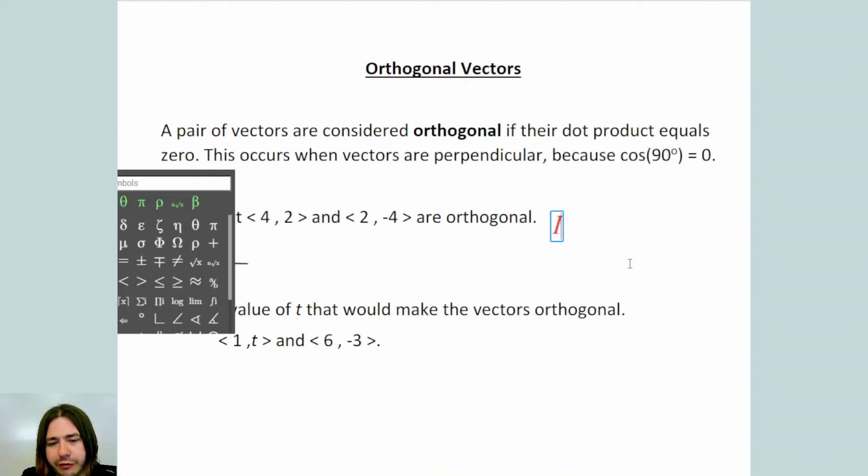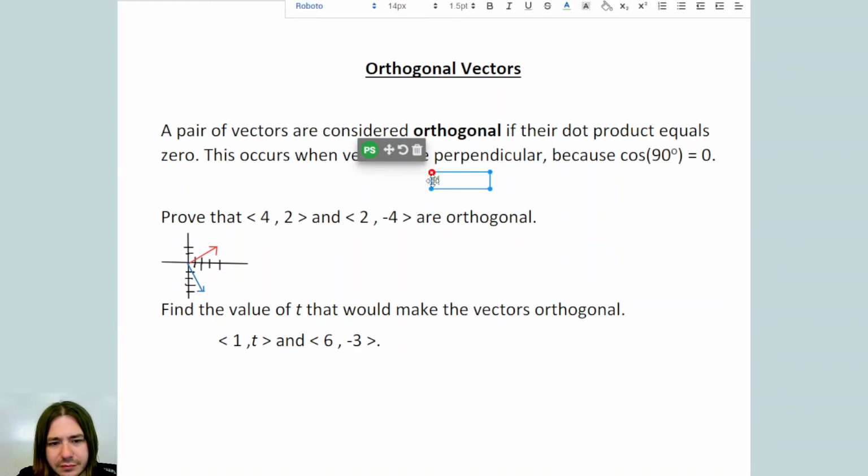Basically, here's the proof. This is what you need to know. If the dot product equals 0, then the vectors are orthogonal.